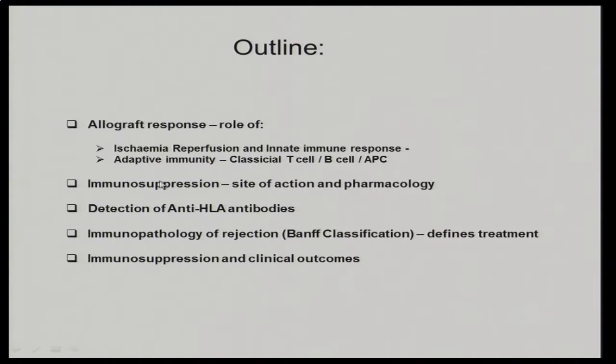We will look at how we detect the anti-HLA antibodies in terms of the allograft response, which has probably changed over the last 5 or 10 years, and at the immunopathology of rejection. That is at the moment our clinical gold standard for diagnosing rejection and how that defines treatment, and then some clinical outcomes from all that.